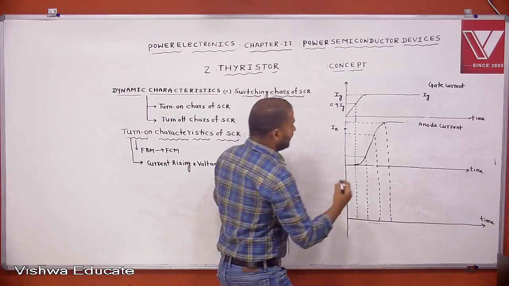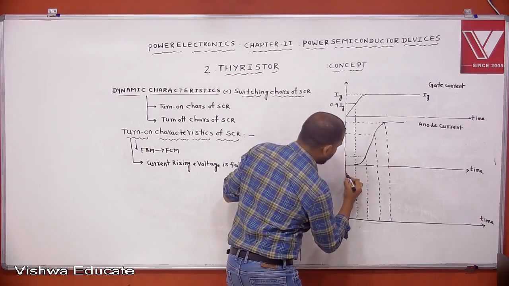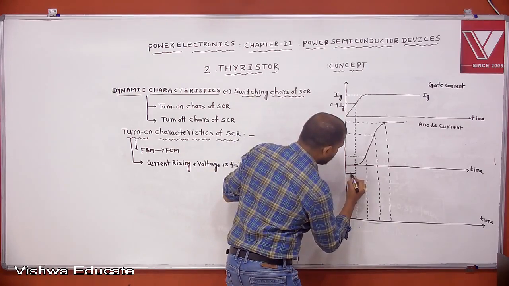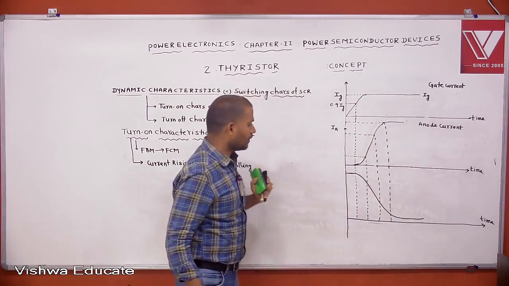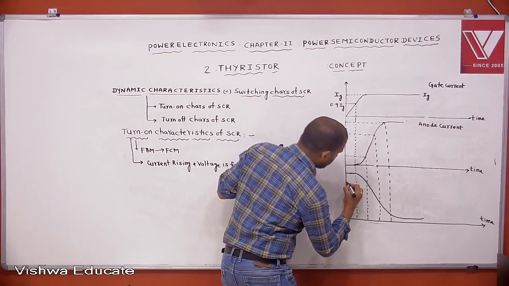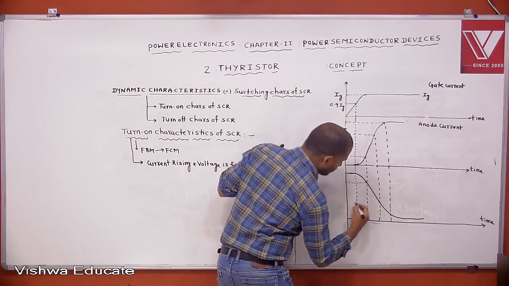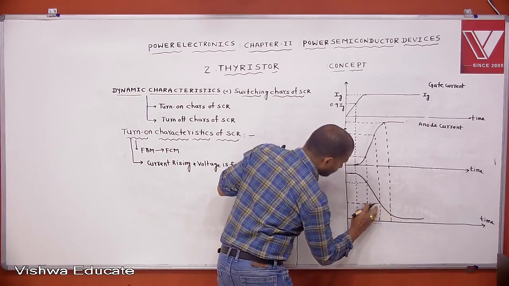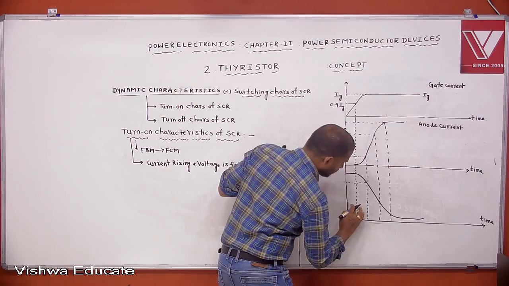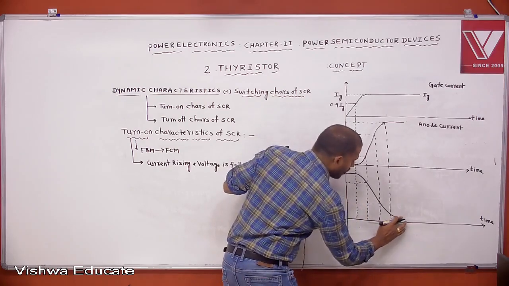Okay, this is the anode voltage waveform. This is 0.1 VA.